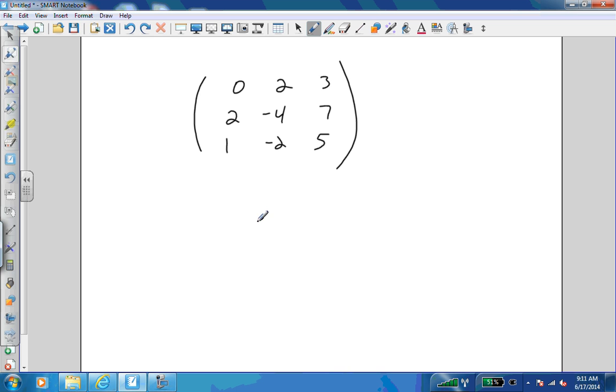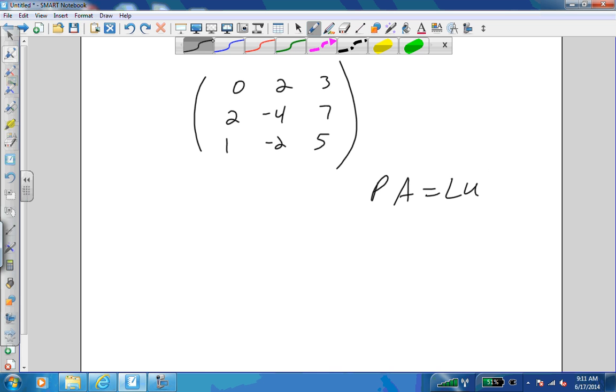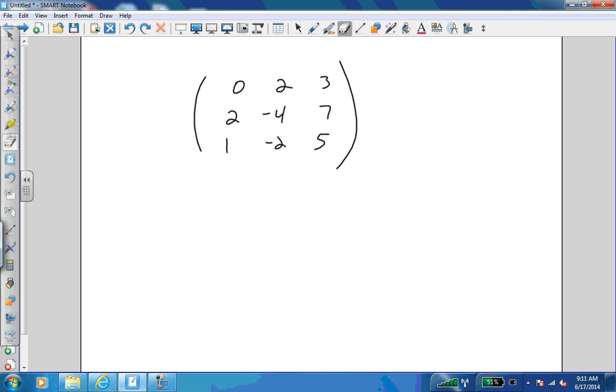So in that case, instead of A equals LU factorization, we do PA equals LU factorization, where we do a permutation on matrix A to put it into a matrix that does have LU factorization. So let's begin by doing a permutation here on this matrix.